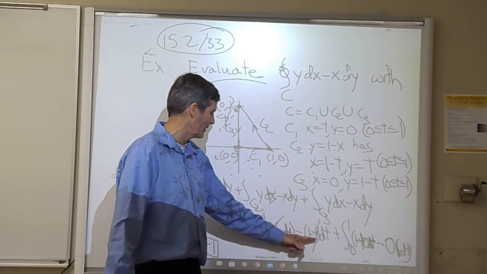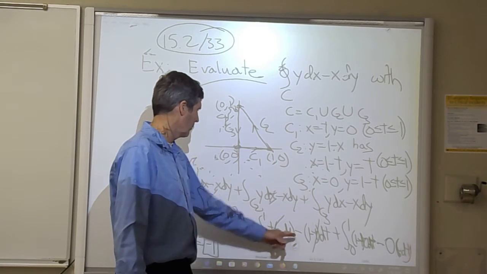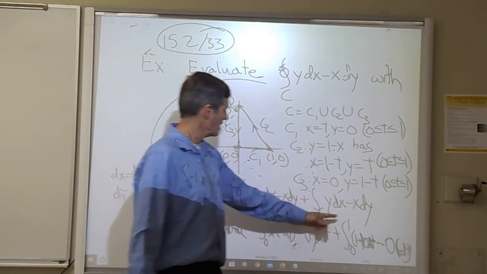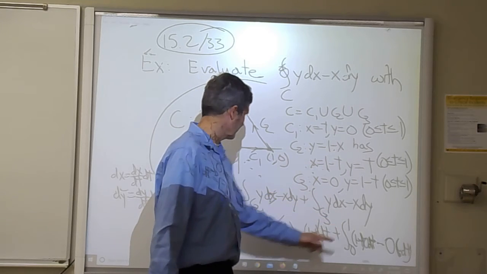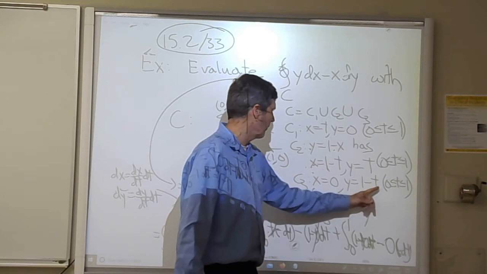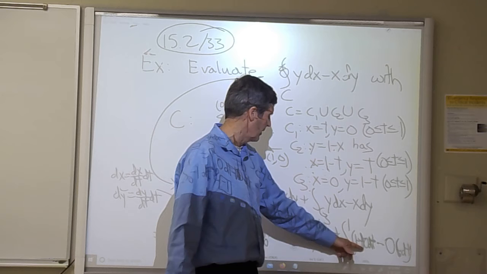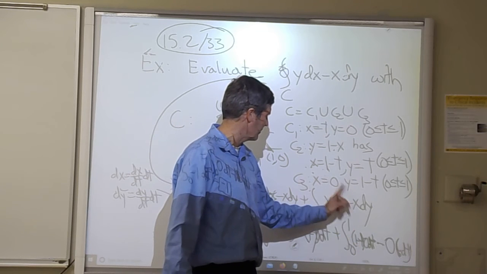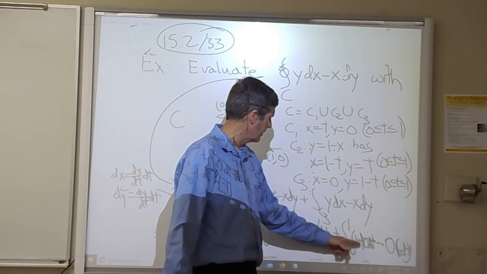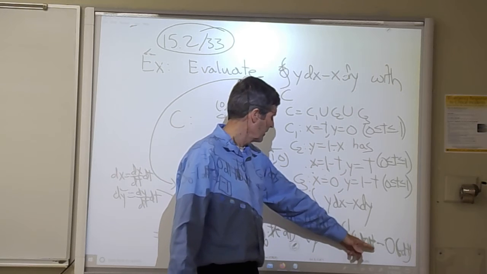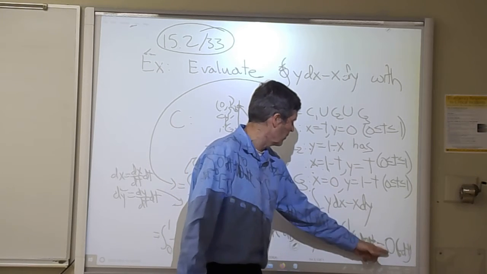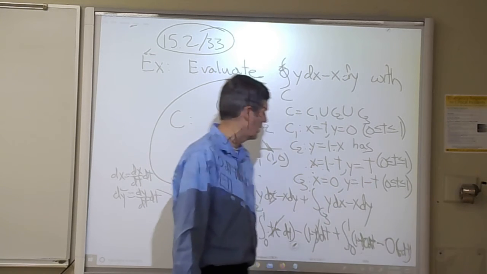So I integrate 1 minus t dt minus. And then the last path, once again, x is equal to 0, and y is equal to 1 minus t, so I integrate y, 1 minus t, times dx, which is 0 dt, the derivative of x dt. Minus x dy, x is 0 multiplying minus dt for dy.